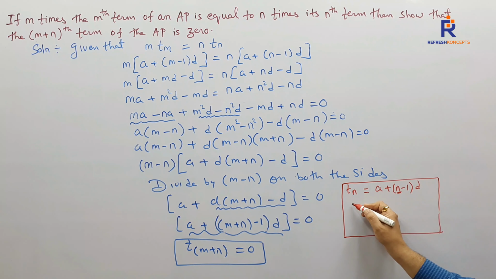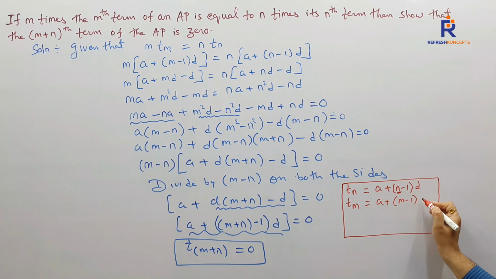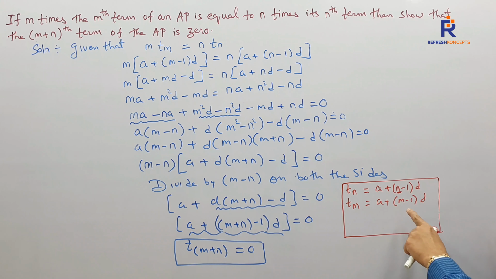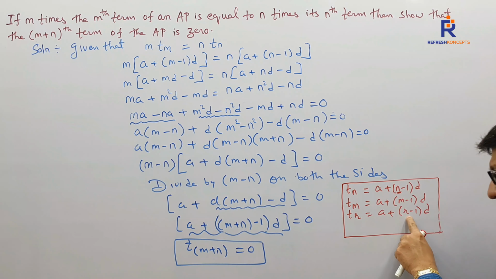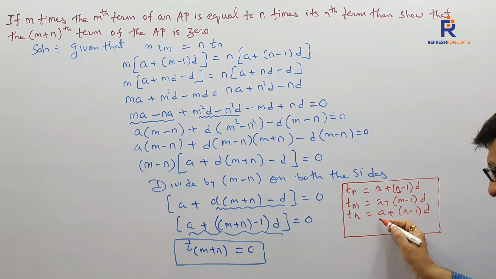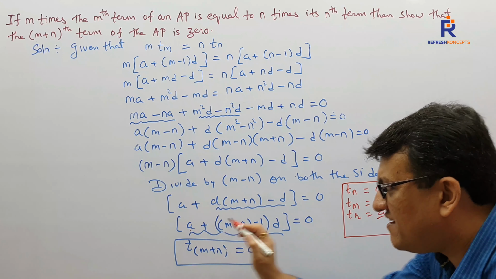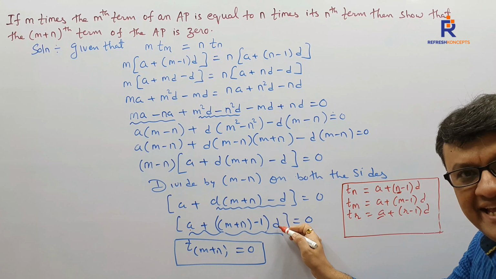So tomorrow, or second instance may, if I say that Tm, it is a plus, you only say m minus 1 d. Say Tr is a plus r minus 1 d. So whatever I write down, that is what the term is. So a minus 1 d.